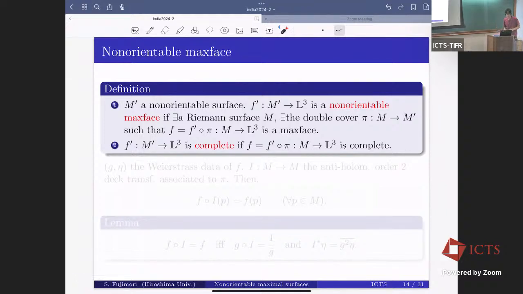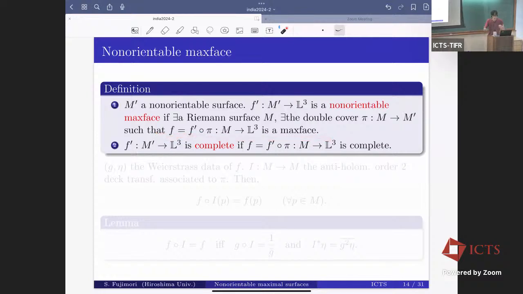Okay, now we go to non-orientable max faces from now. So let M prime be a non-orientable surface. And a map F prime from M prime into L3 is called a non-orientable max face if there exists a Riemann surface M and a double cover such that this F is a max face.